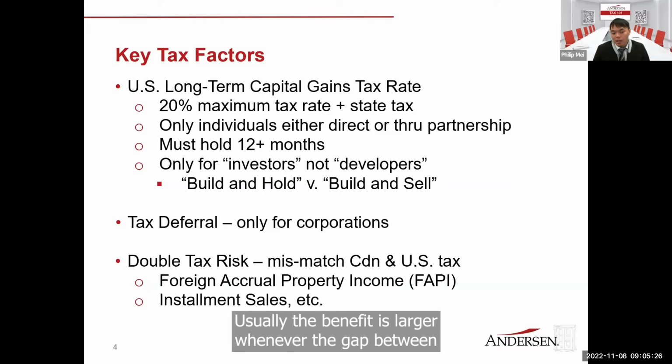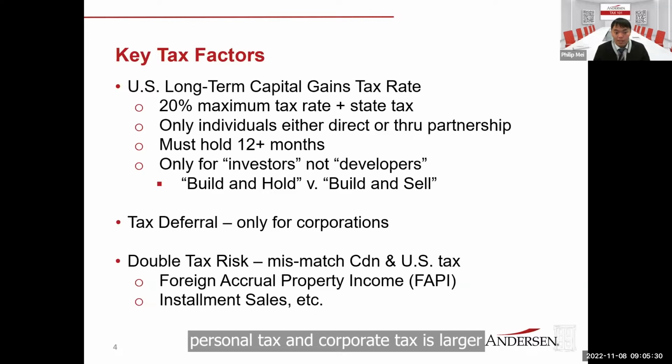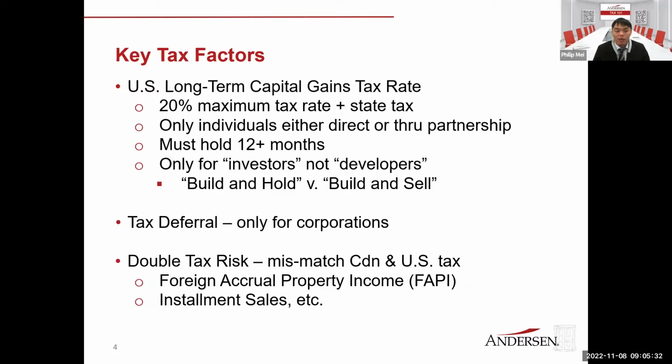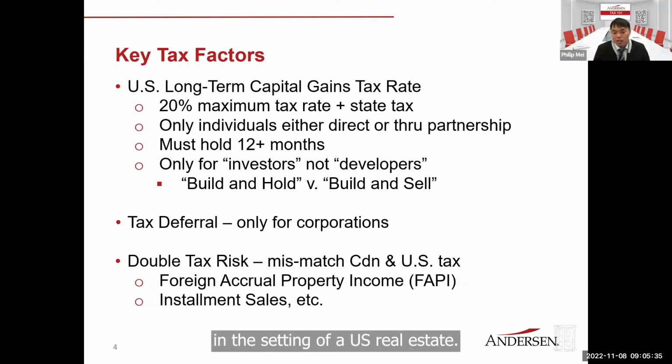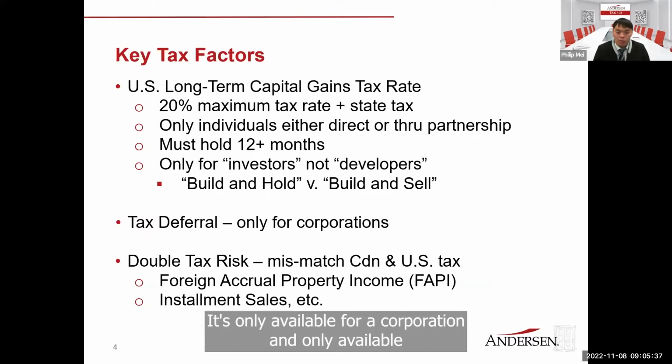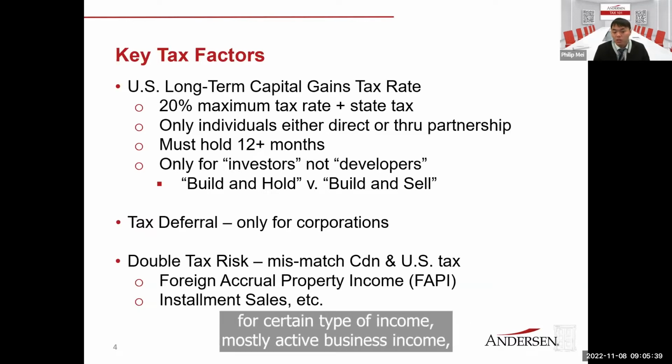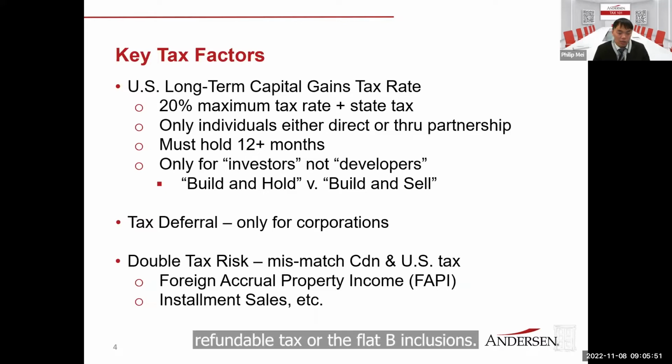Usually the benefit is larger whenever the gap between personal tax and corporate tax is larger. In the setting of US real estate, it's only available for a corporation and only for certain types of income, mostly active business income, because Canada has all kinds of different tax regimes to try to close the possibility of tax deferral by charging either refundable tax or the FAPI inclusions.